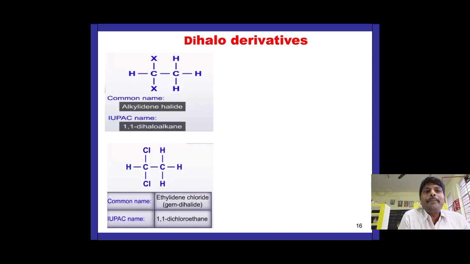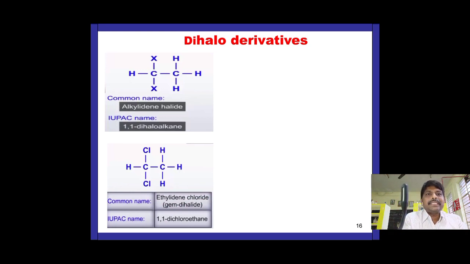What is the IUPAC name? In the first carbon only, the two chlorines are there. Hence it is called 1,1-dihaloalkane.